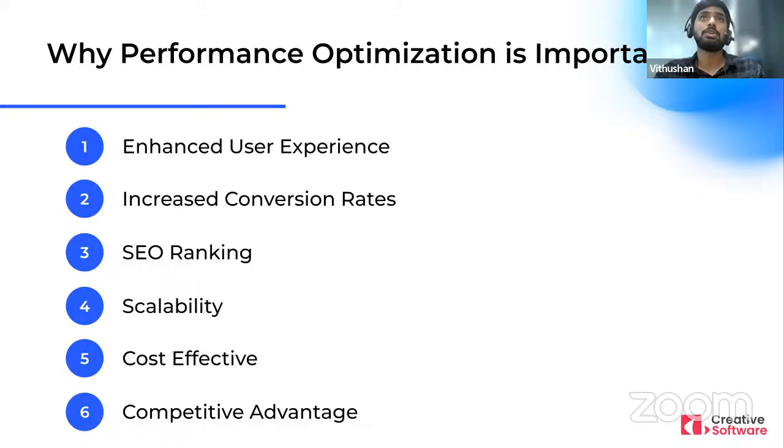So companies like to invest money in optimization strategies for the application to get high uptime and high traffic. In summary, performance optimization isn't just a technical concern, it's also a critical factor for user satisfaction and business success, and staying ahead in the competitive landscape really needs these performance optimization techniques.